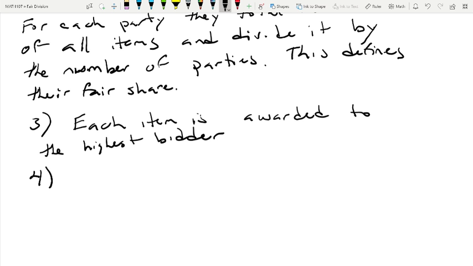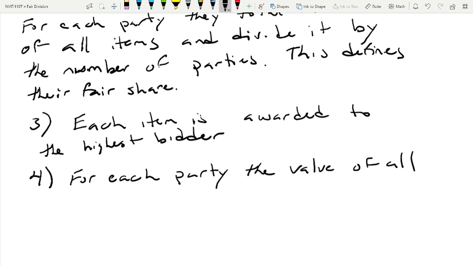Step 4: for each party, the value of all received items is totaled.